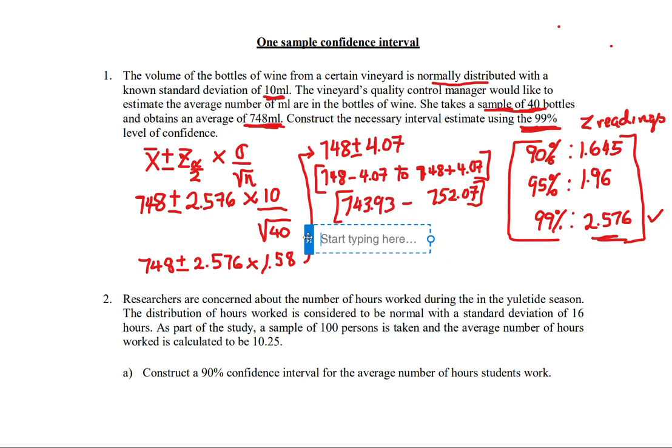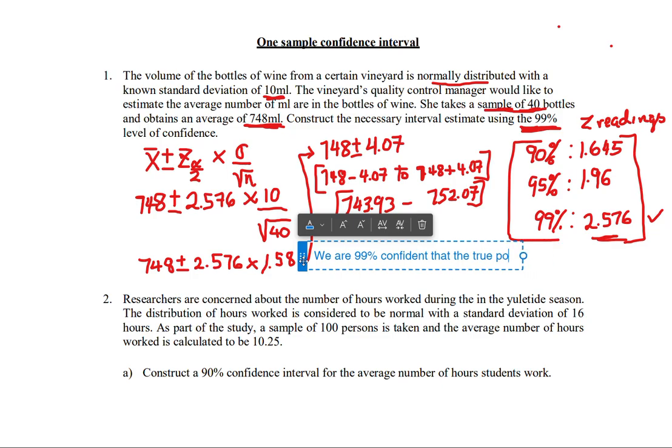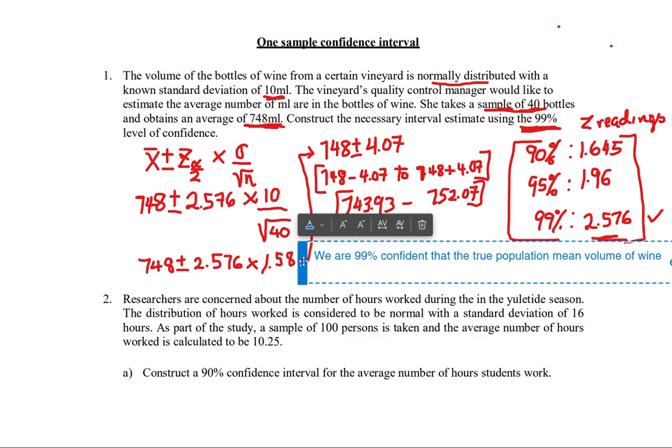The interpretation of this answer would be that we are 99% confident that the true population mean, and this is in relation to the volume of wine in the bottles, the true population mean volume of wine in the bottles, is between 743.93 and 752.07. And that's how you would interpret it.